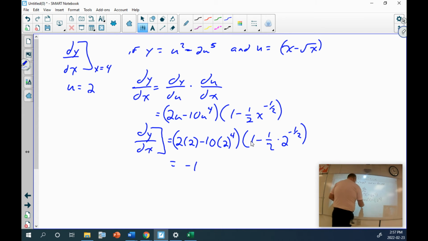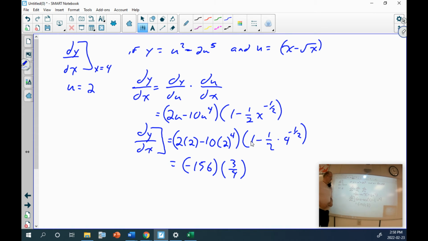So that becomes minus 156. And that one, 1/2 times, oops, nope, that's supposed to be a 4 there. 1/2 times 1/2 is 1/4, so that becomes 3/4 when we do that. And 3/4 times 156 is negative 107.